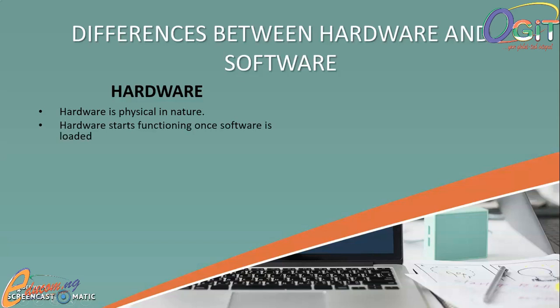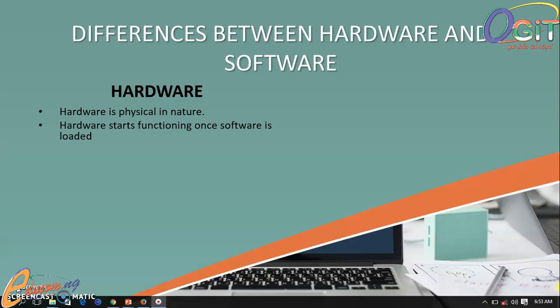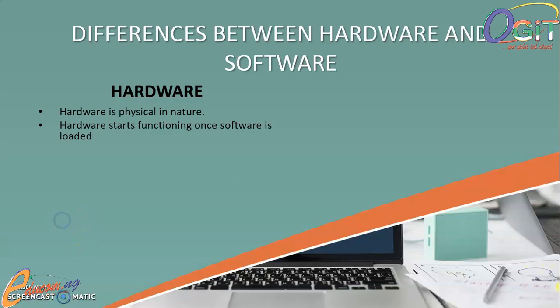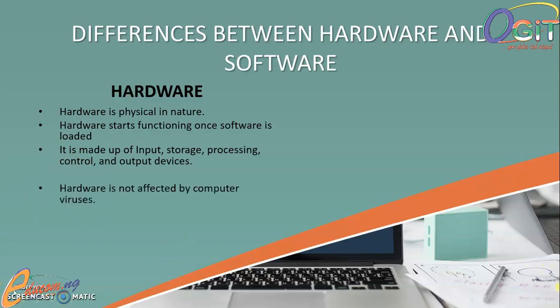Like I said earlier on, hardware functions alongside software. It is made up of input, storage, processing, control, and output devices. Hardware is not affected by computer viruses, and examples include keyboard, mouse, monitor, printer, and so on.